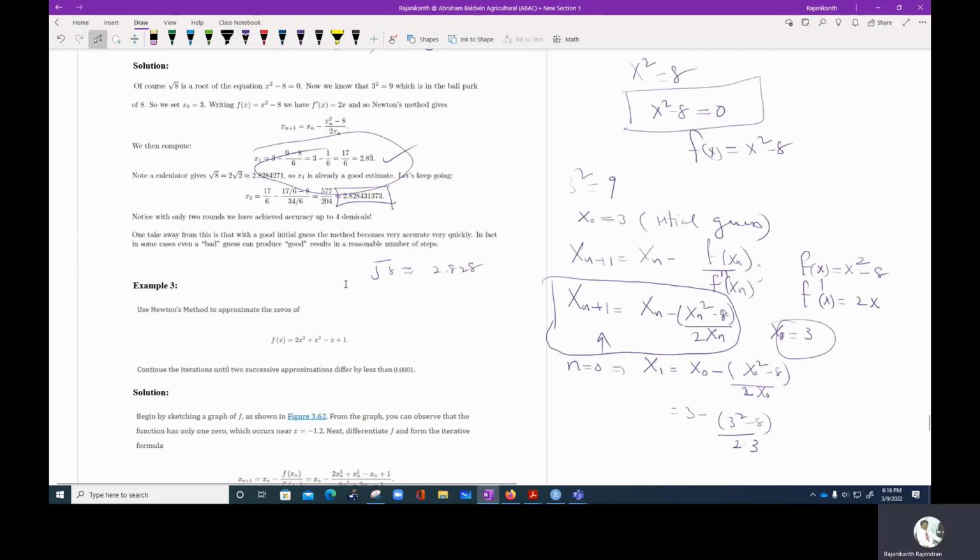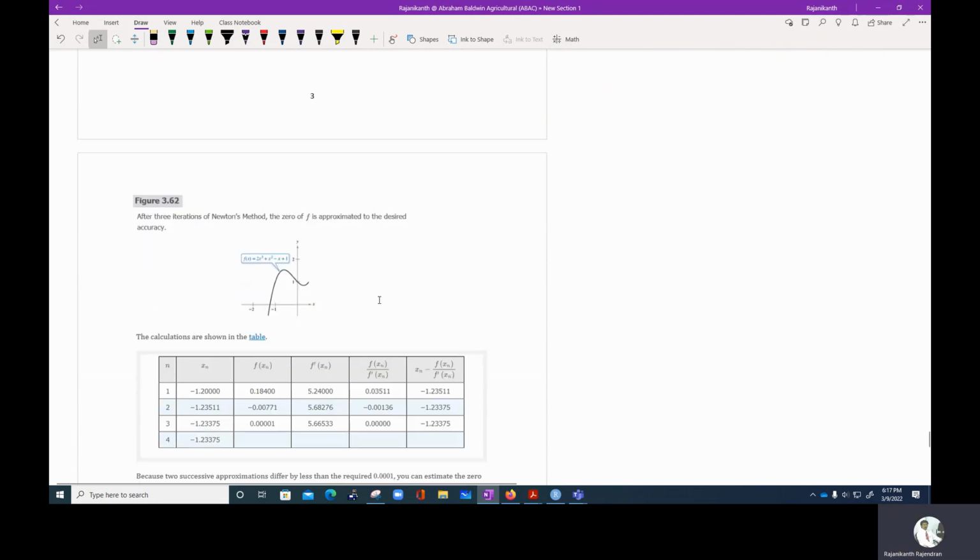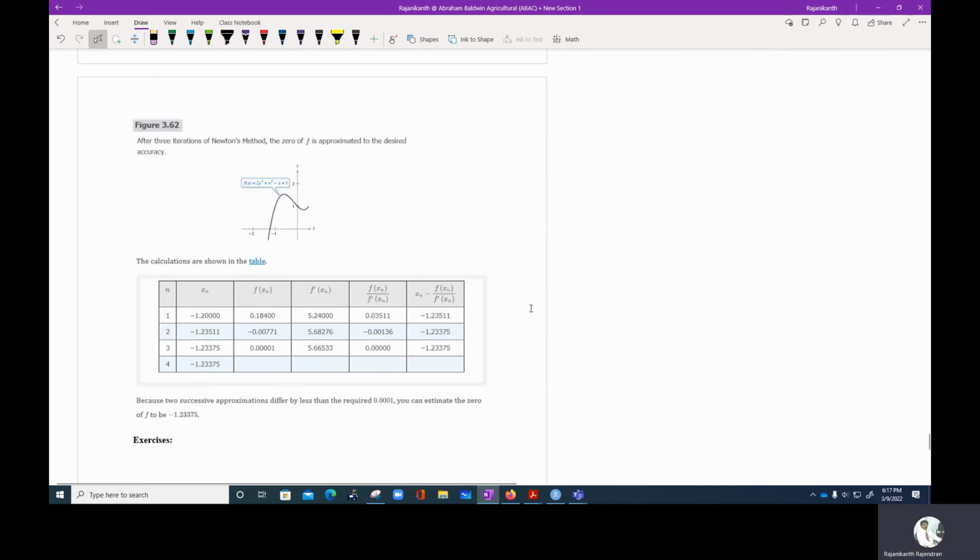So this is about Newton iteration. It's very easy to understand. And I just want you to try and get the correct answer for this problem. How many iterations do we need? Question: use 3 iterations, meaning you have to find 3 answers.